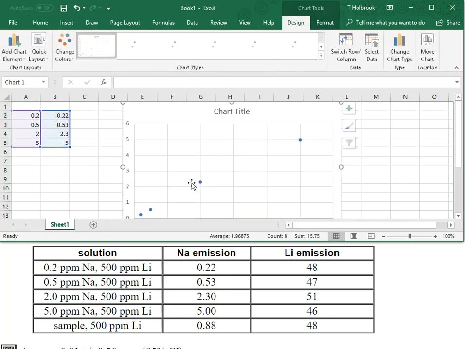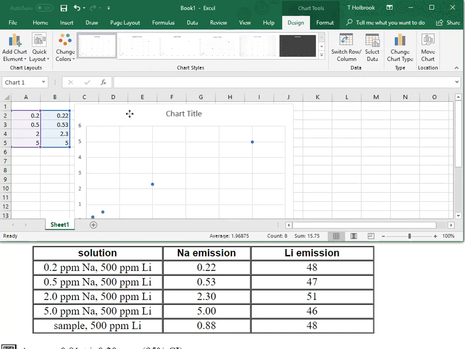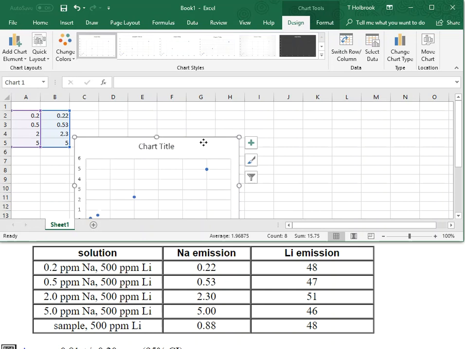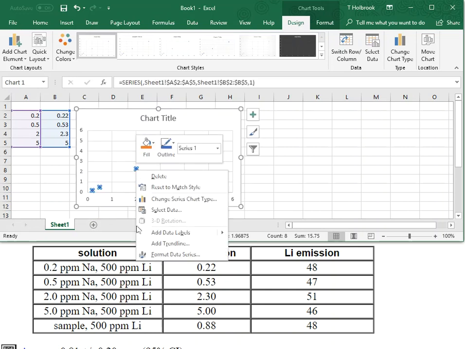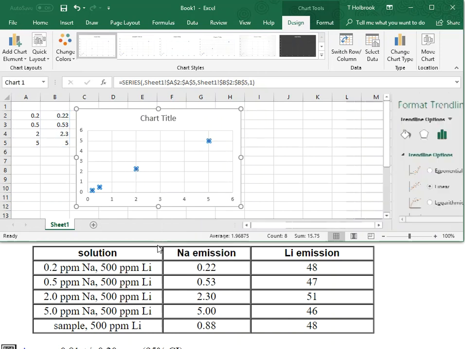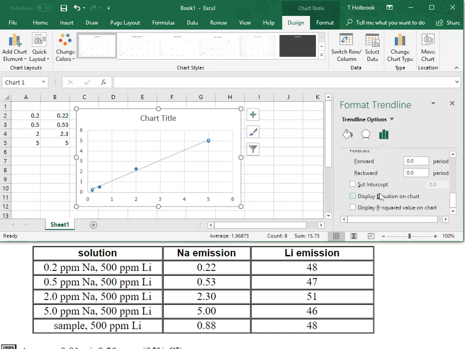I go into scatter plot mode. Here is my graph. Let me shrink that down a little bit so I can put it on the screen. And I'm going to click a data point, add a trend line, and choose linear and choose the equation and the r-squared value.